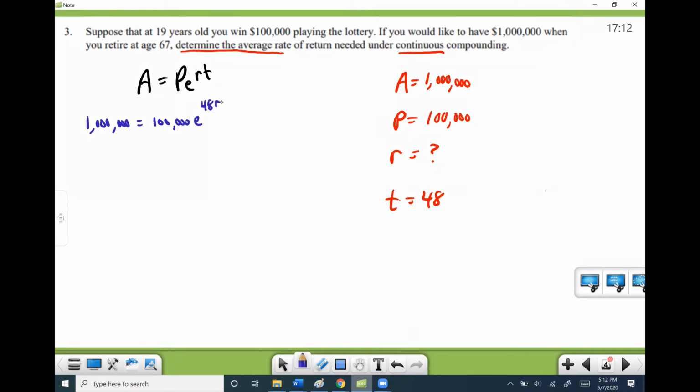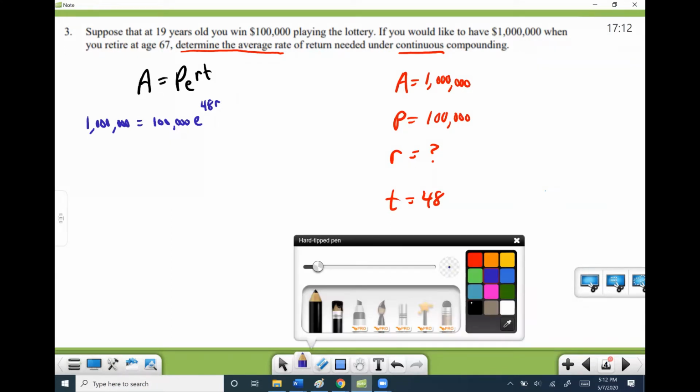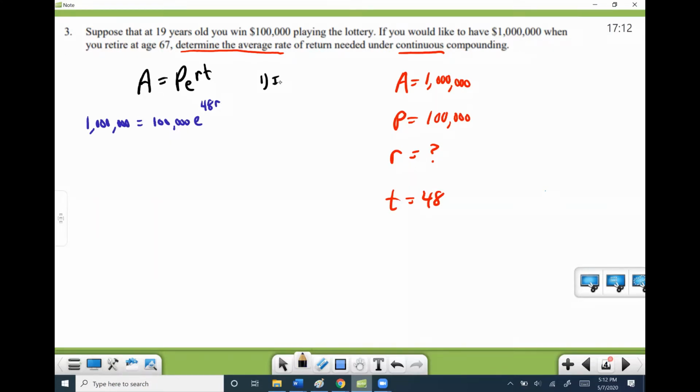Okay. So step one, isolate the exponential, right? Divide, got it. Let's see here. 1, 2, 3, 4, 5 zeros. 1, 2, 3, 4, 5 zeros.